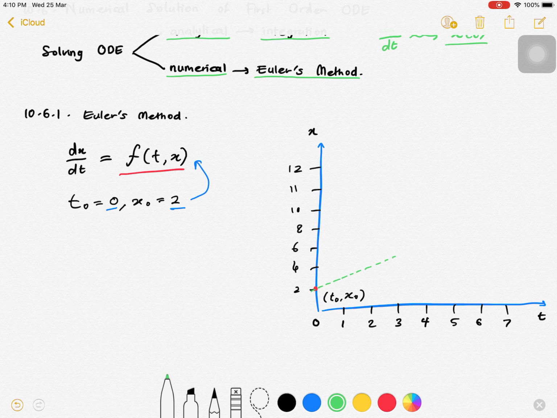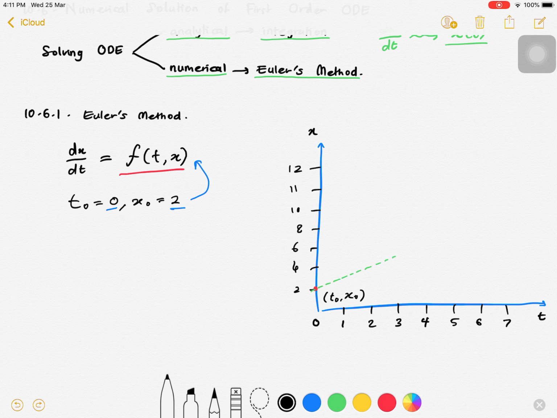So now we want to find the second point of the curve. What we need to do is decide the time step. So what is the time step? The time step is this, for example. We are the ones who decide what the step is. So let's say I want to decide the step equal to 2.